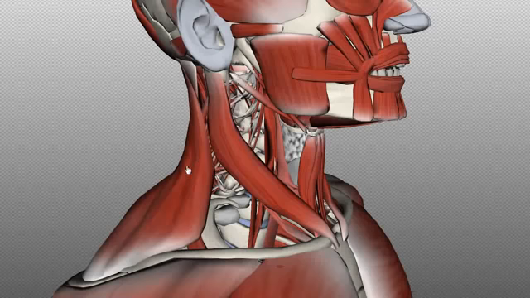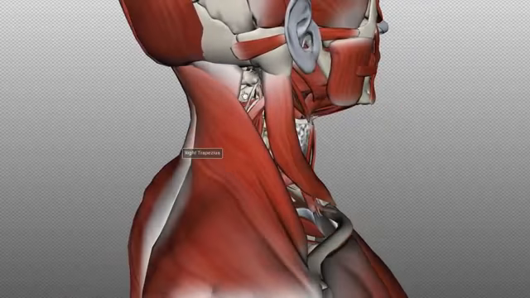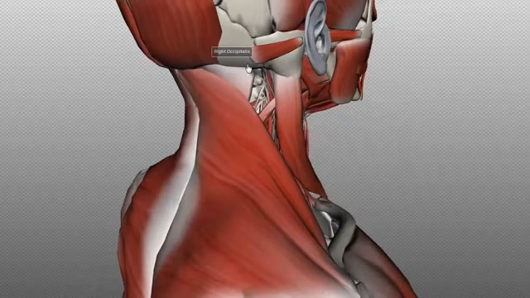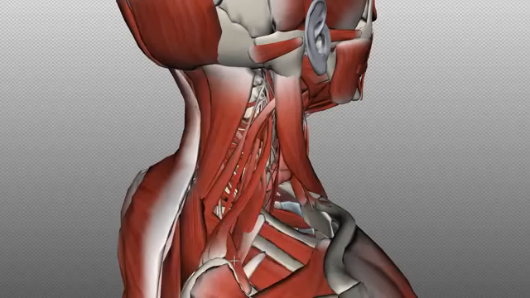So the next muscle is the splenius capitis. So this muscle inserts onto the back of the skull just behind the mastoid process, and it actually inserts on the mastoid process as well, but it's not shown on here. I'll just remove the trapezius muscle so you can see the origin.